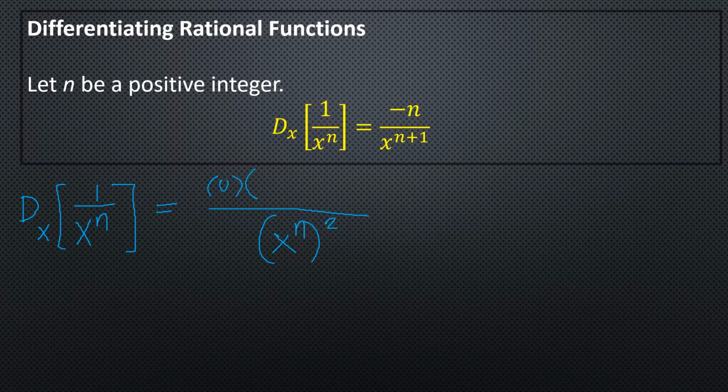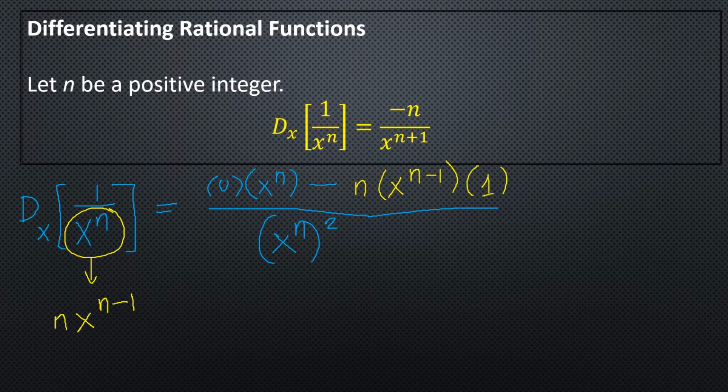So the numerator derivative times the denominator x raised to n, then subtract the derivative of the denominator x raised to n, which follows the rule of power, and that is n x raised to n minus 1. So we have n times x raised to n minus 1. Multiply that to the numerator, which is 1. So this is already 0.